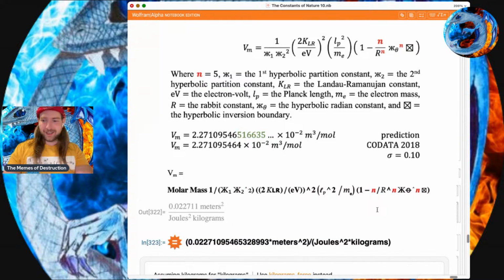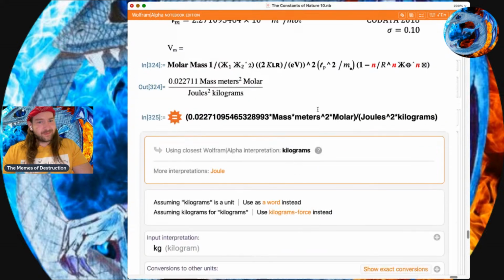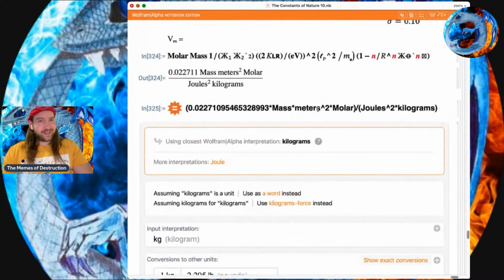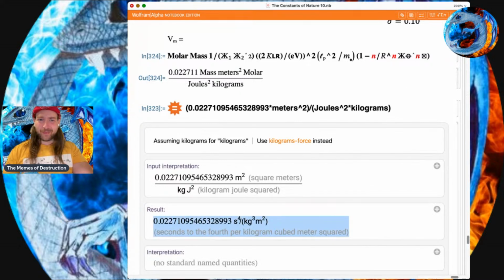Okay, well, let's do the computation. Oh no, it's getting confused now. Mass meters. Oh, one of those guys. Let's not do all that in there right now. Okay. I'll copy our friends again.